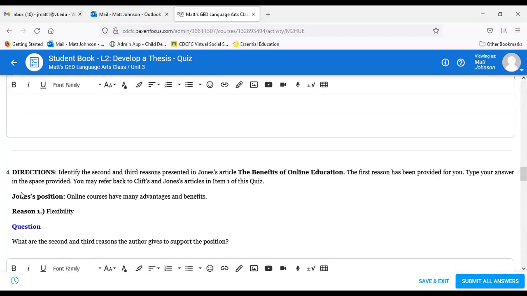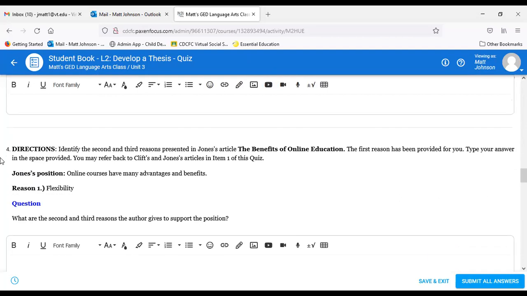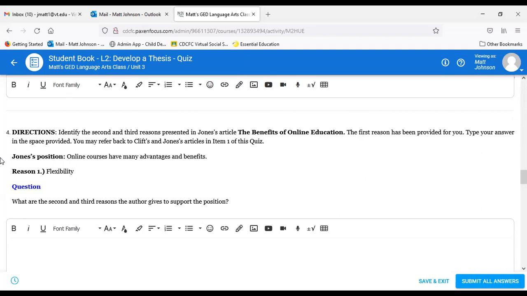4. So now identify the second and third reasons. We're switching to Jones's article now. So the second and third reasons presented in Jones's article, the benefits of online education. The first reason has been provided for you. Type your answer in the space provided. So, right, that's his overall reason, the flexibility. That was his main argument.